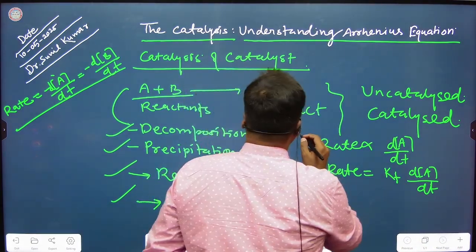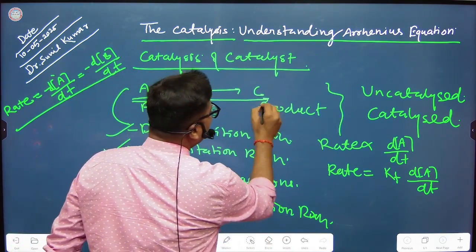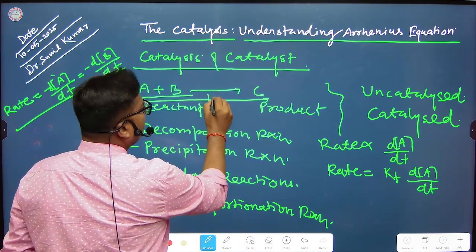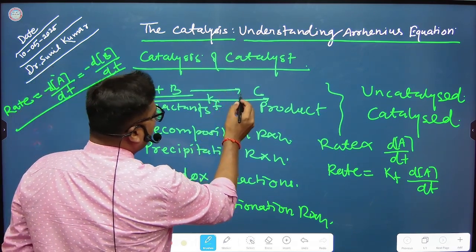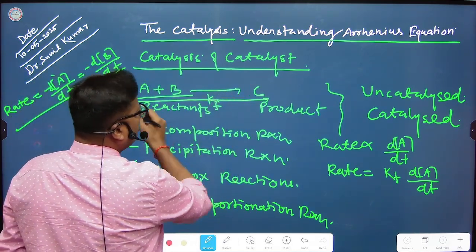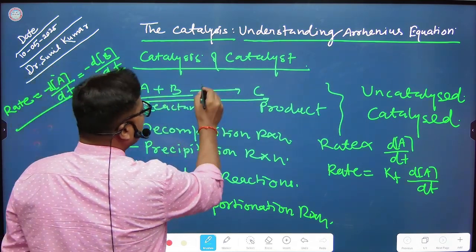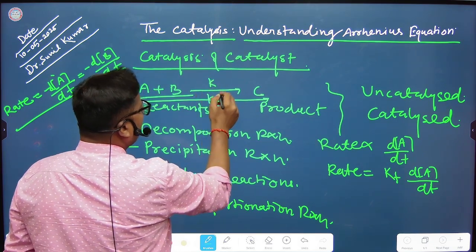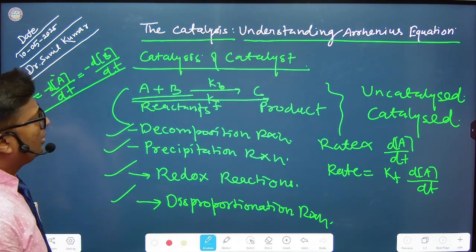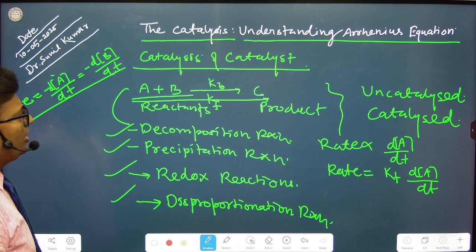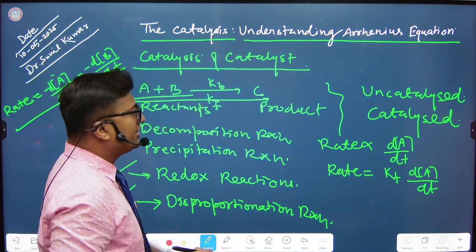If the reaction goes in the forward direction, then there will be Kf. If the reaction reverses, meaning the product undergoes decomposition to form reactants, then it has a Kb, right? So this is the rate constant for backward reactions, and this is the rate constant for forward reactions, right?